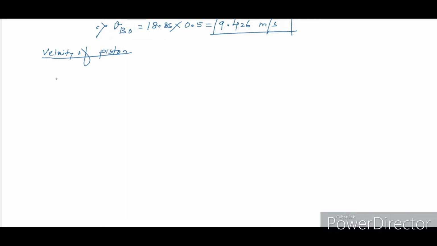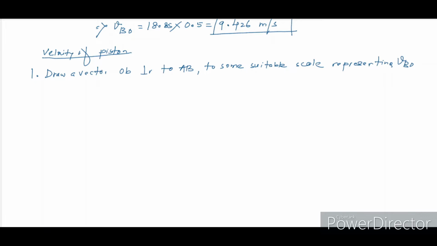Now to find out the velocity of piston, the first step is draw a vector. Draw a vector OB perpendicular to AB to some suitable scale, representing VBO.